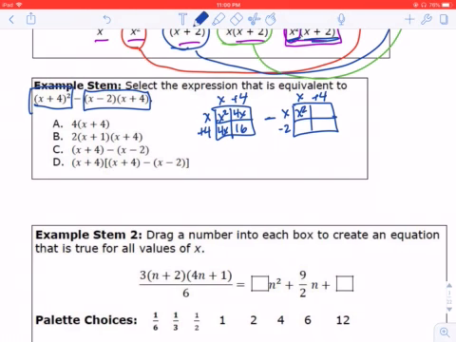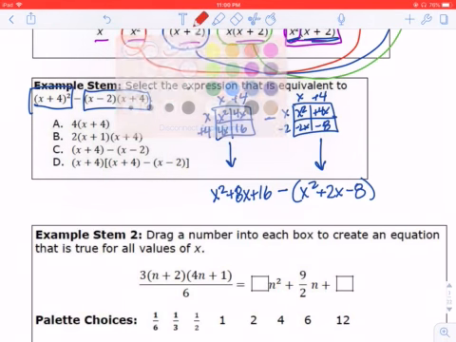So that means I have x squared plus 4x minus 2x minus 8. So in my first box here, I have x squared plus 8x plus 16. And I'm subtracting the whole x squared plus 2x minus 8.